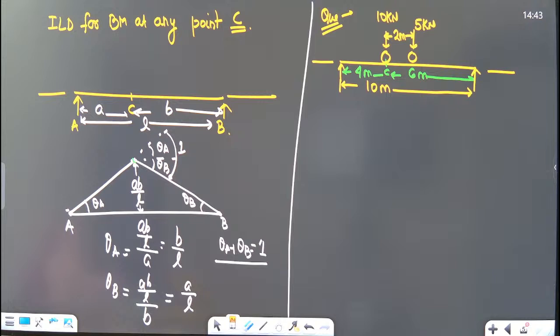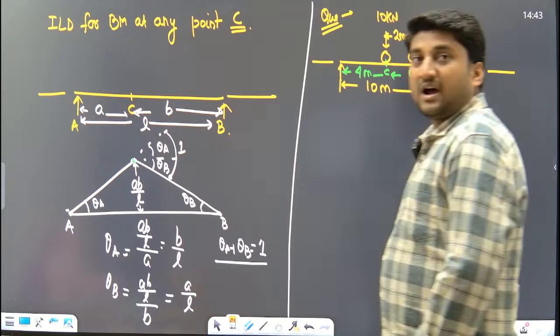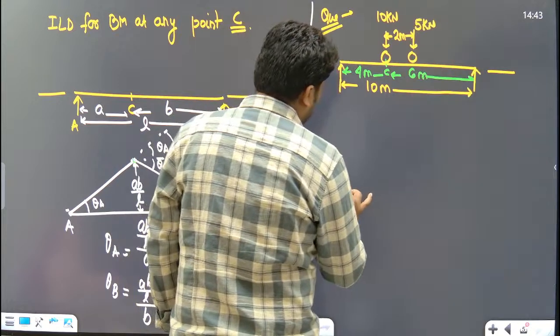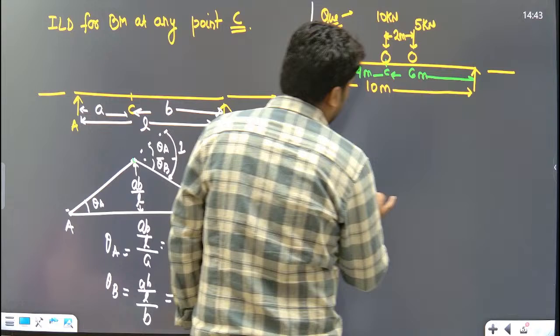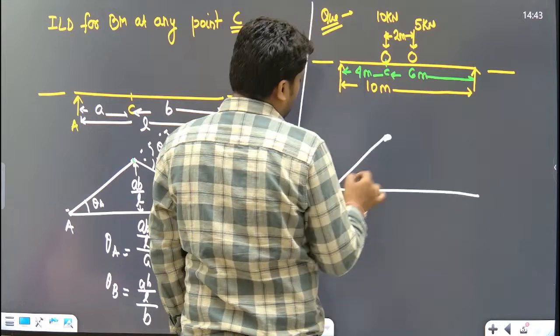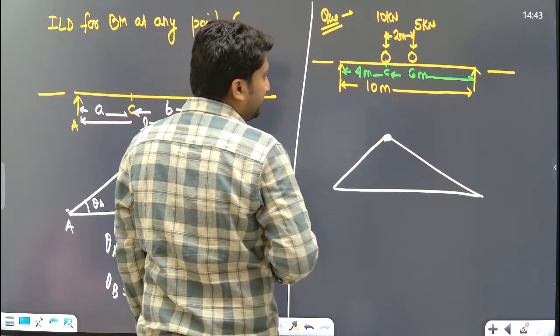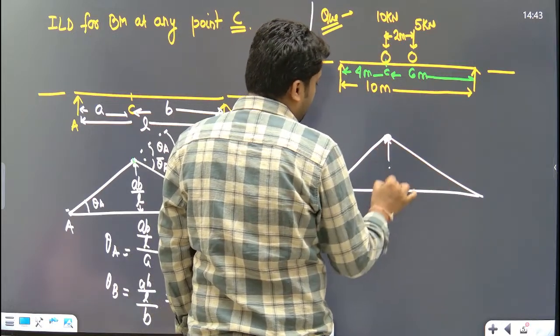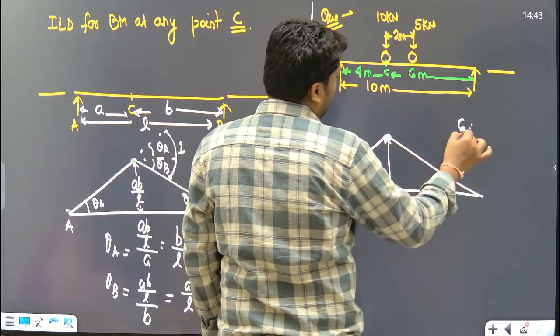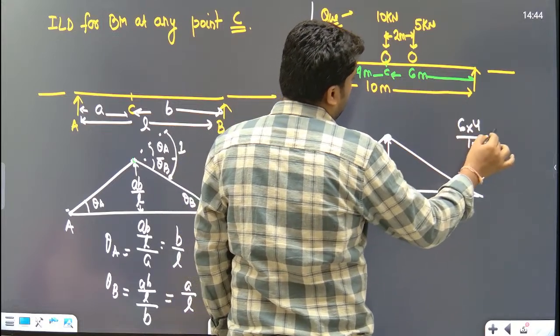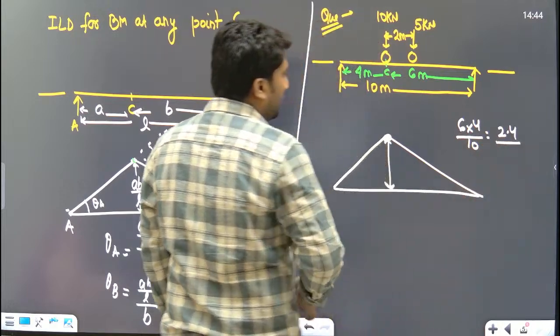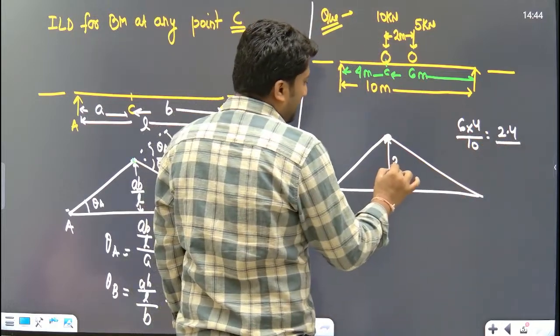Okay, we will solve the question. How can we solve it? We can draw the influence line diagram by rotating, without removing the support. Assume an imaginary hinge at C and lift the beam by AB upon L. AB means 6 into 4 divided by 10, which equals 2.4. This is 2.4 unit.